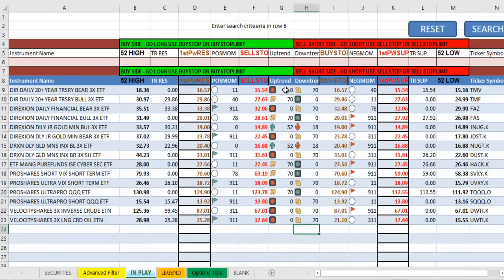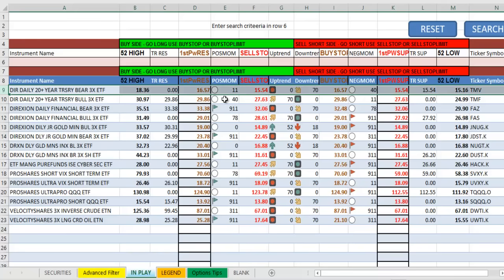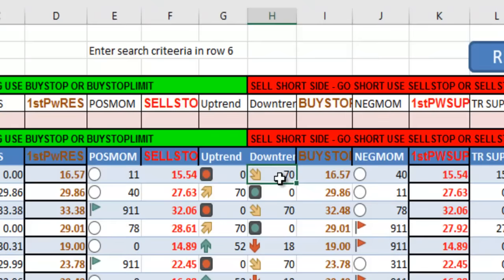Another thing I want to go over again is the zero reading in your uptrend and your downtrend. All that means is, obviously, if there is a zero in the uptrend column, it means the market is not trending. It's not in an uptrend, no matter what anyone tells you. In this example here, looking at the Treasury inverse ETF, the TMV, it's locked in a powerful downtrend.